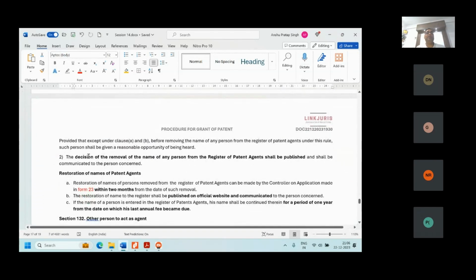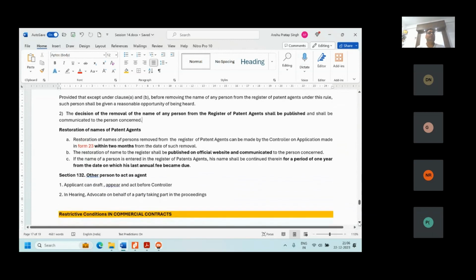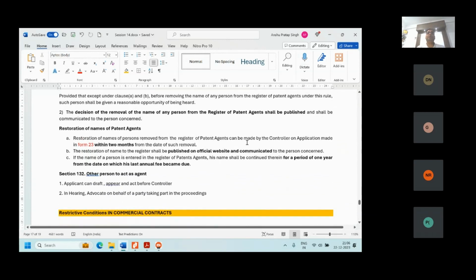The decision of removal of the name of the person from the register of patent agents shall be published and communicated to the person concerned. It can be restored by the controller on an application made in Form 20 within 2 months. If within 2 months you have applied in Form 23 for restoration of the name, your name will be restored.